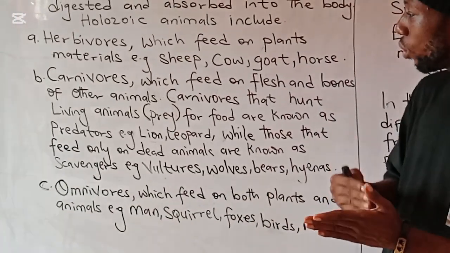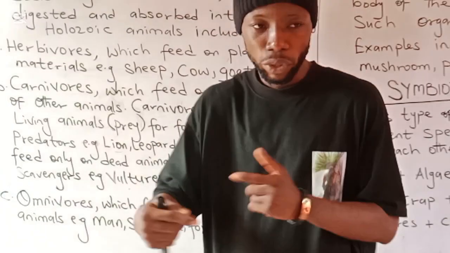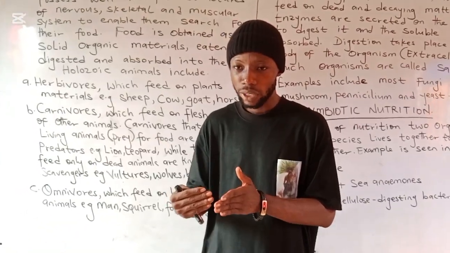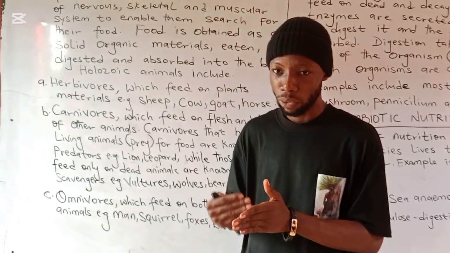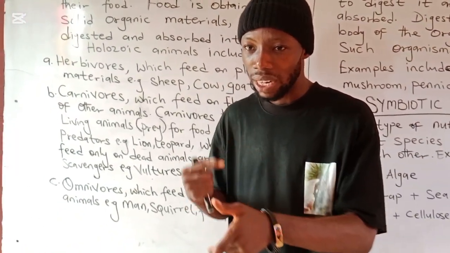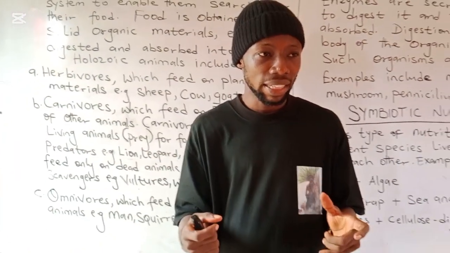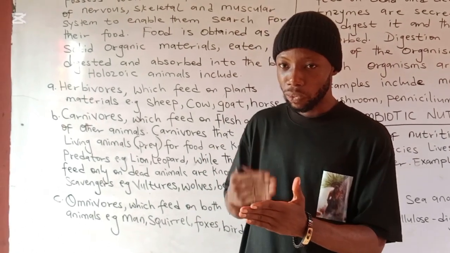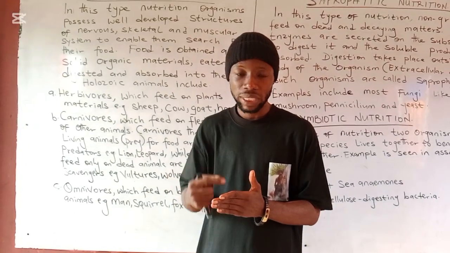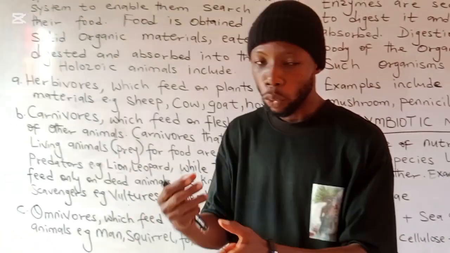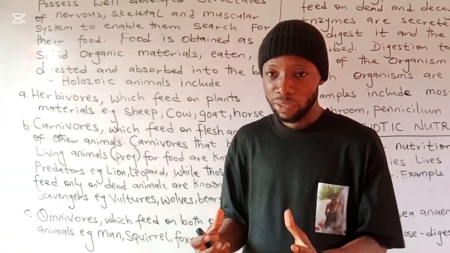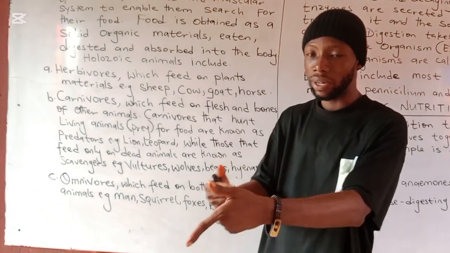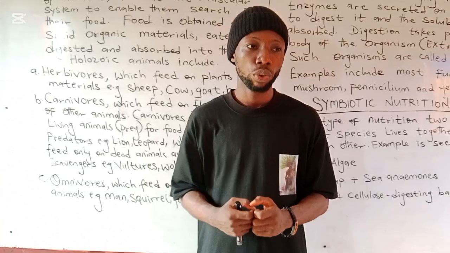Those that hunt other living organisms are categorized as predators. So predators feed on prey, because the smaller or weaker organisms these carnivores feed on are regarded as prey, while the organisms that hunt the prey are regarded as predators.